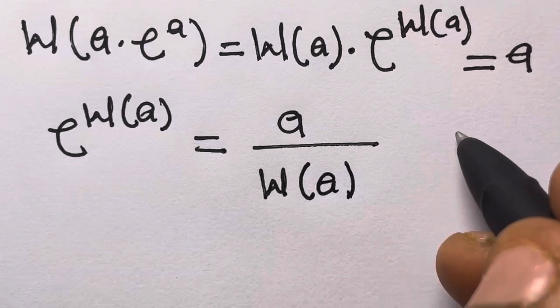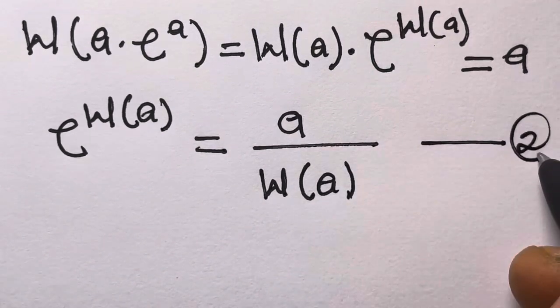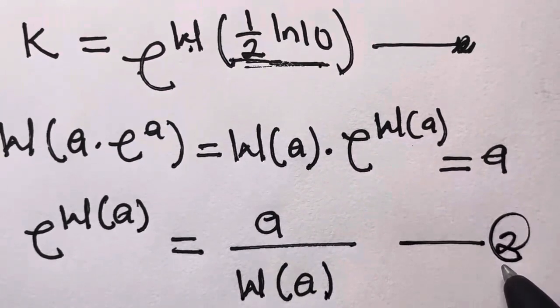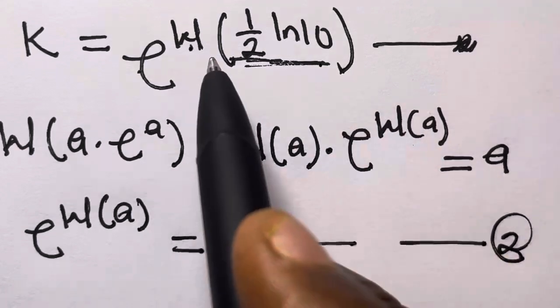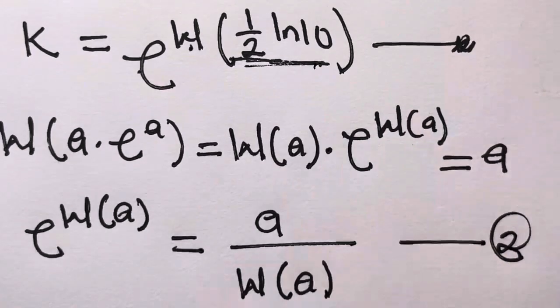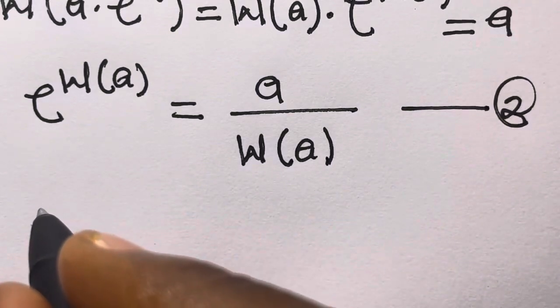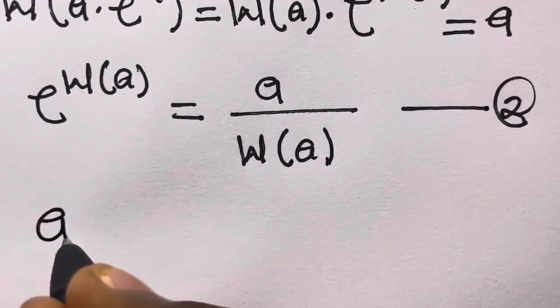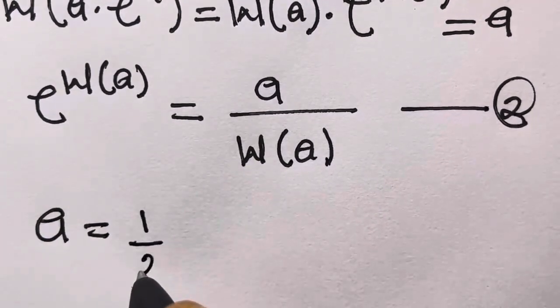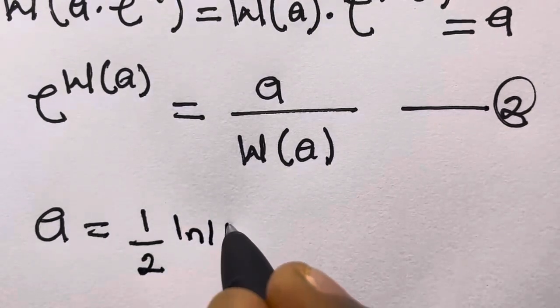You can name this equation 2. Now compare equation 2 with equation star, letting this be your a, so we have a to be 1 divided by 2 ln 10.